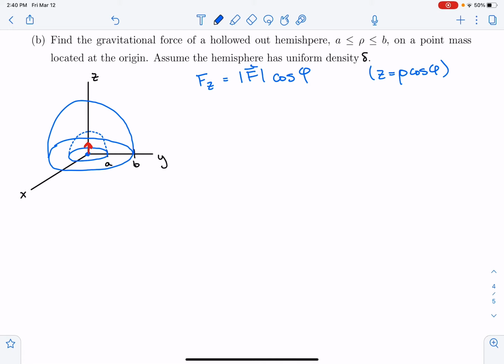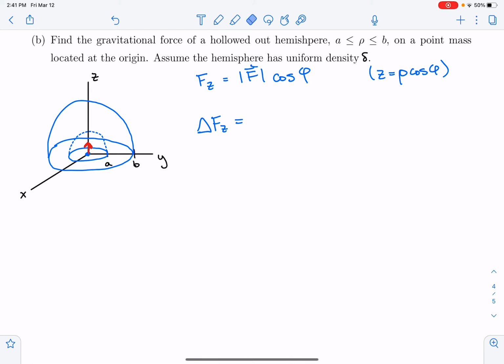So what we want is a little bit of force. We're going to call that little bit of force in the z direction delta F sub z. And that's going to equal the gravitational constant G times the mass.